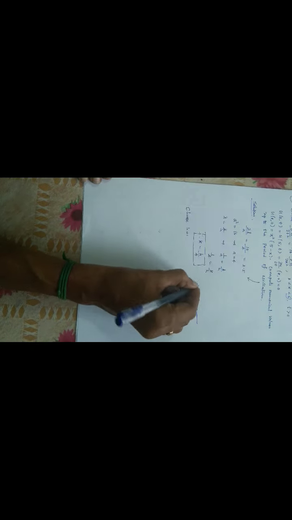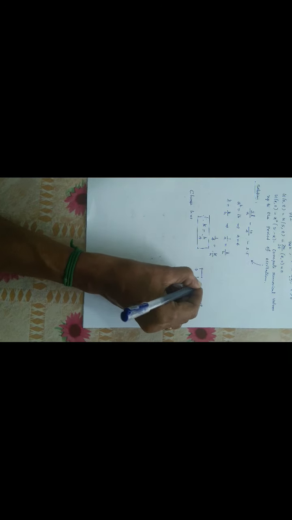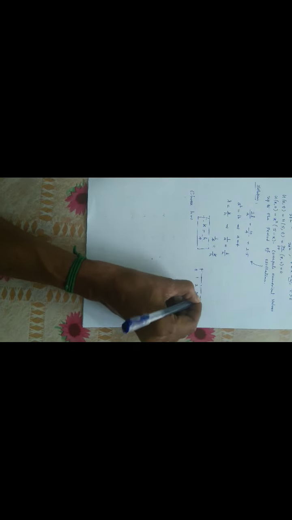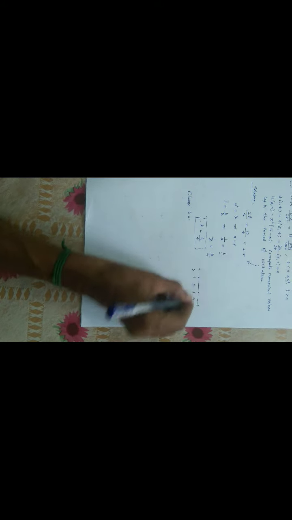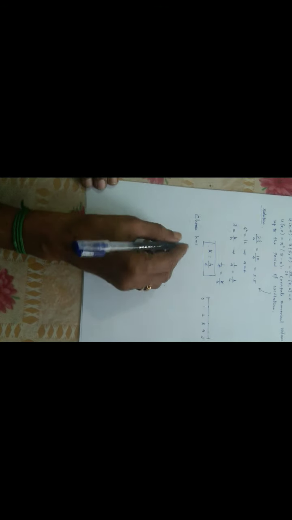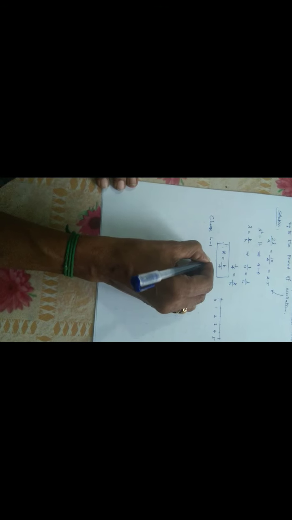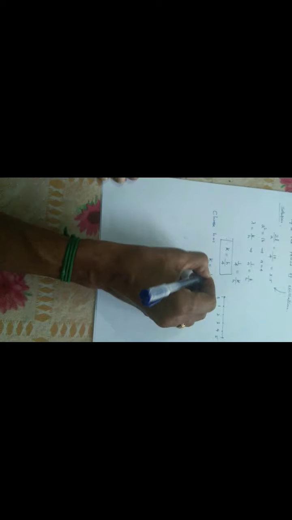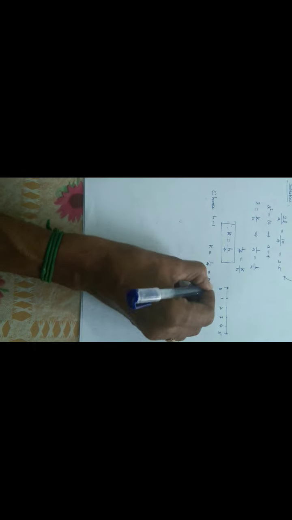If you take material length 5, I am going to take 1, 2, 3, 4 and then 5. You can take any number of points, but we are doing hand calculation, so you can set a better step size of 1. If h is 1, then k value is 1 by 4, which is nothing but 0.25.